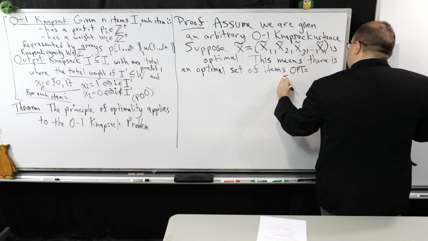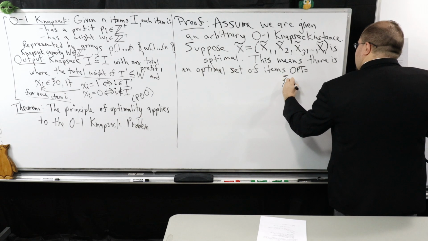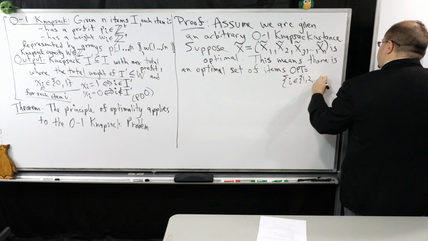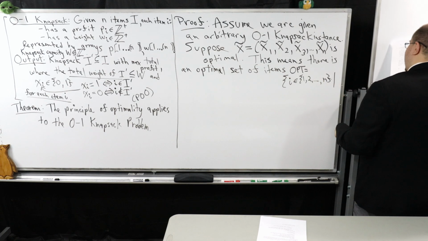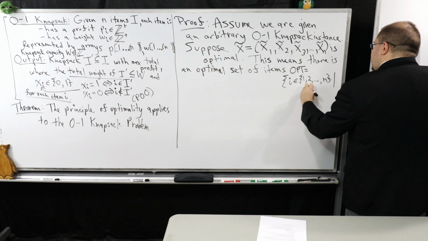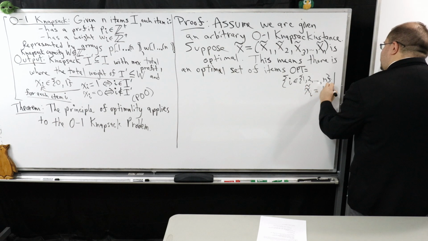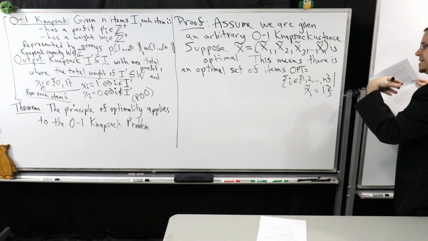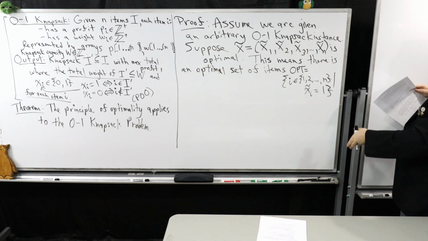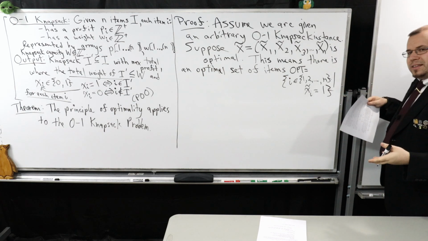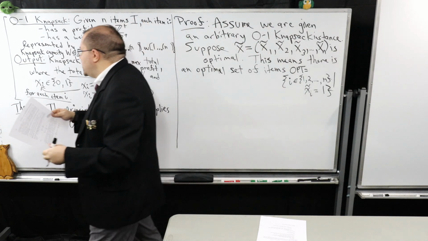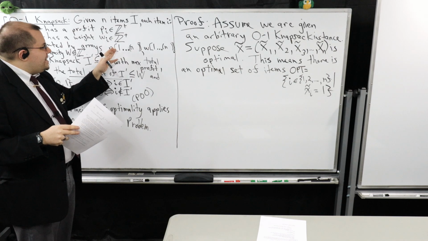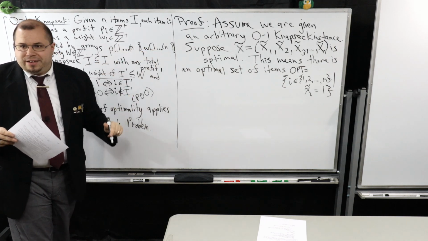It's going to consist of each of the indices of the items, 1, 2, all the way up to n, such that x tilde i is equal to 1. Whenever one of these values is 1, that means I put the item in the knapsack. So this is just a collection of items labeled by their indices. When I want the weight or the profit of a given item, I'm just talking about the index that would be sitting in these arrays here, okay?